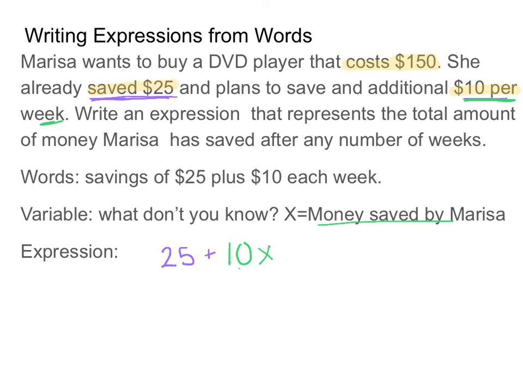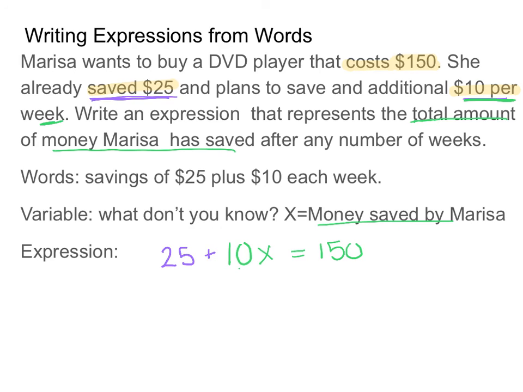But we want to find out what represents the total amount of money she has saved after the number of weeks, okay? So we need to now find that the total, right, we have to get to 150 is where she needs to go.